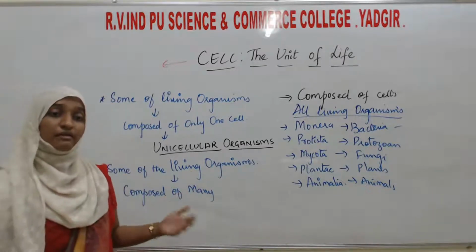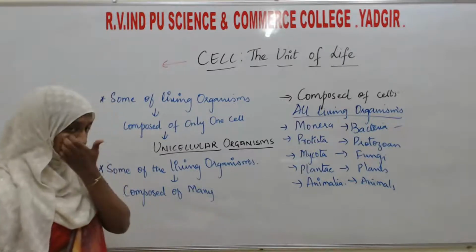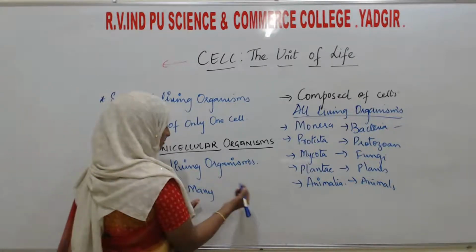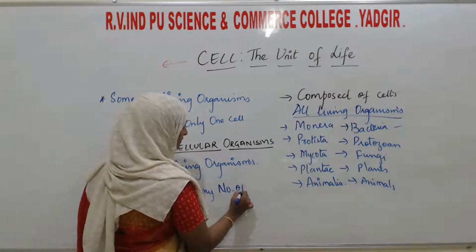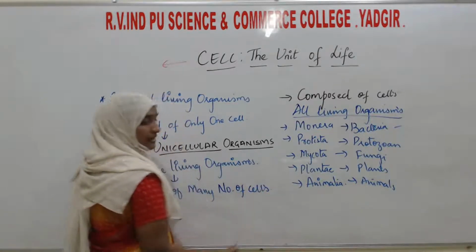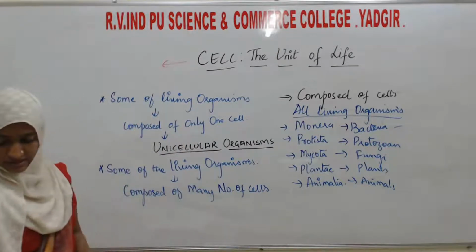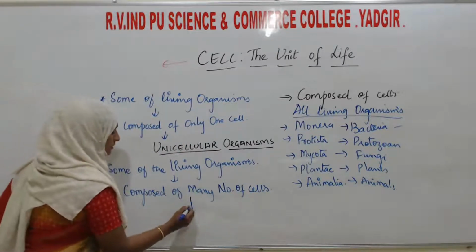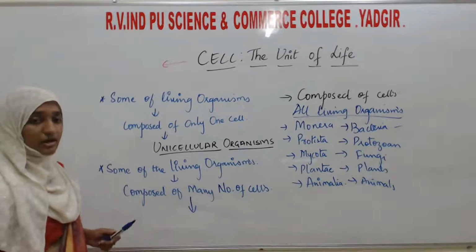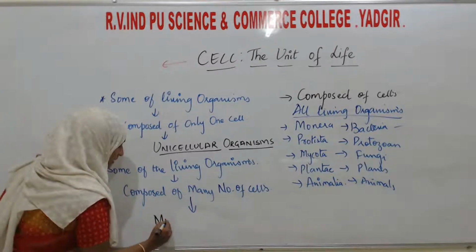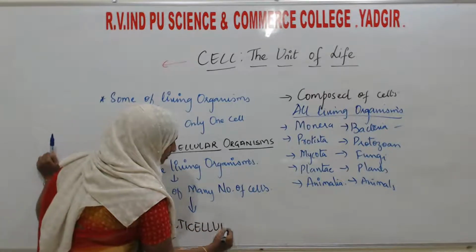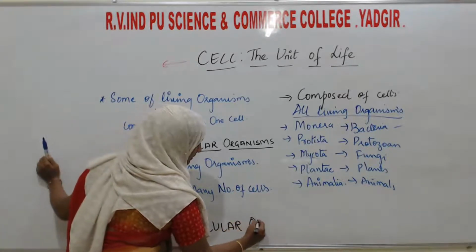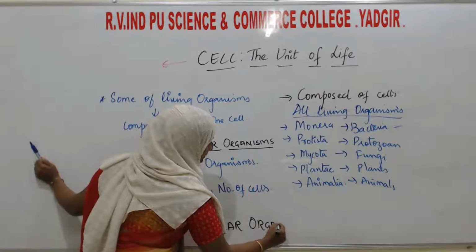More than one means many cells, many number of cells. Those particular organisms are called multicellular organisms.